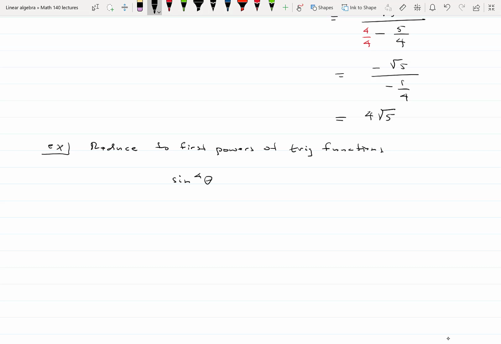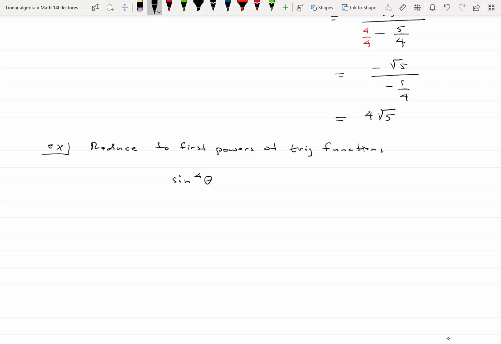In calculus 2, a lot of these formulas on this page of the identity sheet are going to be used. In particular, there's a process that you're going to do in calculus called integration that is not real friendly to powers of trig functions higher than 1.